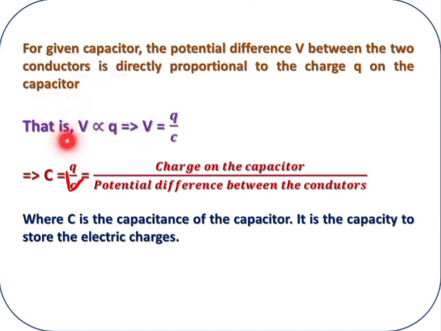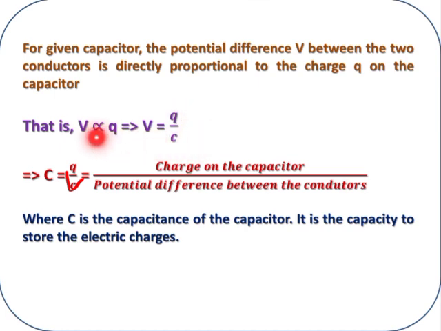V is the potential difference between the conductors or the plates, and Q is the charge of the capacitor. Then the potential difference V is directly proportional to Q, which implies V is equal to Q by C.